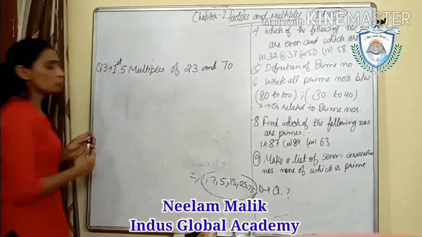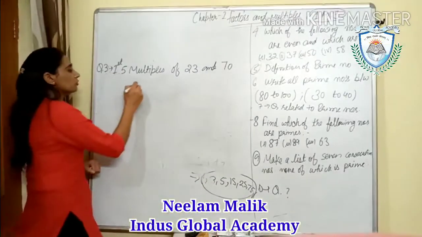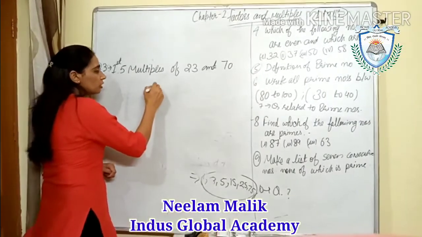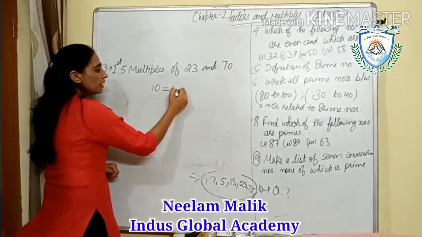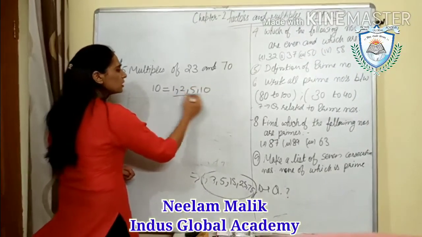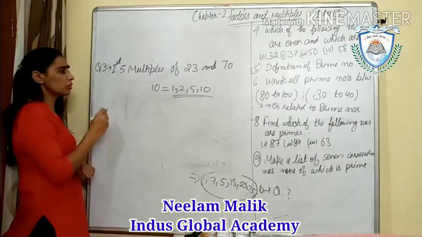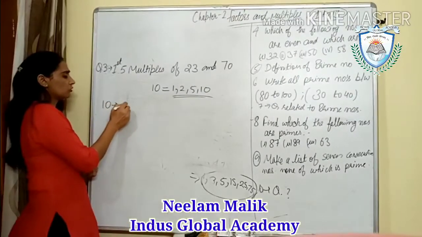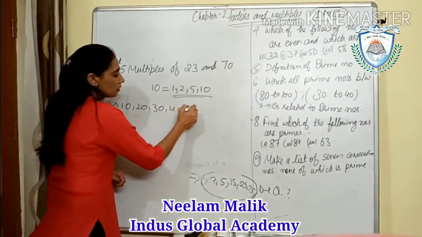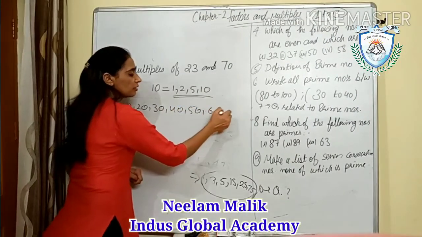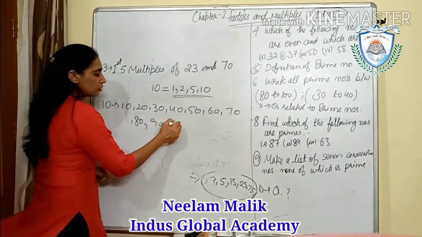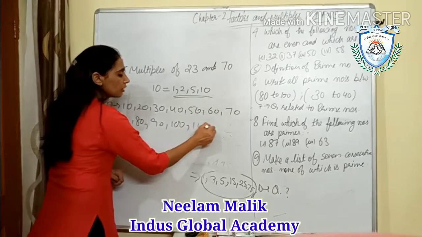Okay, so why are factors limited? Because suppose I'm talking about the factors of 10. Okay, so 10 is divisible by 1, 2, then 5, then 10. Only these are the factors. If I'm talking about the multiples of 10, 10 1s are 10, then 2s are, 3s are, 4s are, 5s are, 6s are, 7s are, 8s are, 9s are, 10s are, then 11s are, like this.